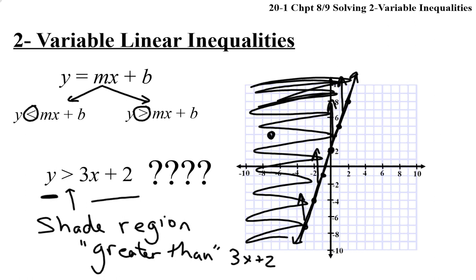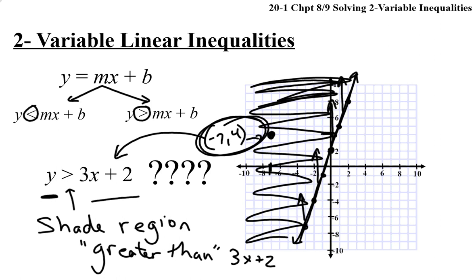If you pick a point in that shaded region, say -7 and 4, well, -7, 4 is in the shaded region, which means -7, 4 should be a solution for the inequality. That's all there is to two variable linear inequalities.